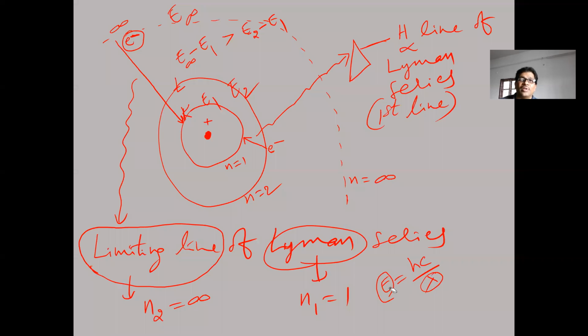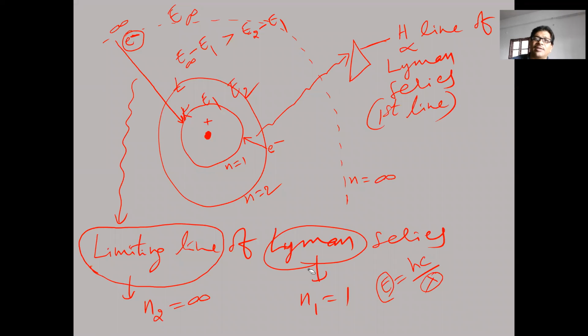So the energy of radiation is inversely proportional to the wavelength of radiation. Now, if the energy gap is greater for the limiting line, then the wavelength must be shorter. So which line has the shortest wavelength? The limiting line has the shortest wavelength.